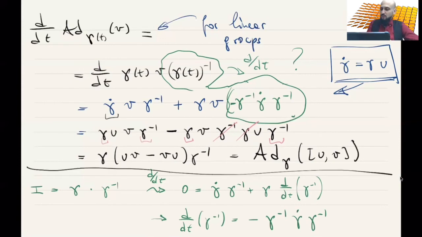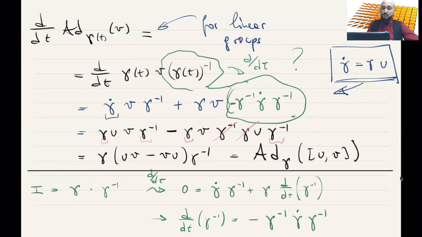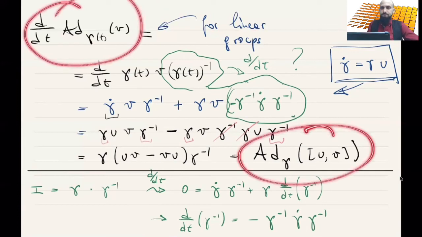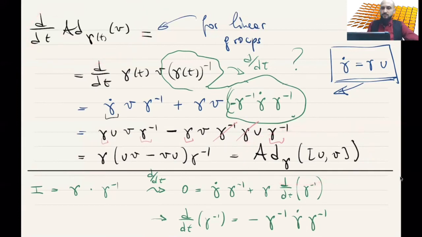Actually, this formula, as I wrote it, is true for every Lie group. But we just did the proof in the case of linear groups. Okay, so now we can differentiate these functions. Let's go back to our normal and abnormal equations. So for lambda in G star, say lambda different than 0, we have the normal equation.